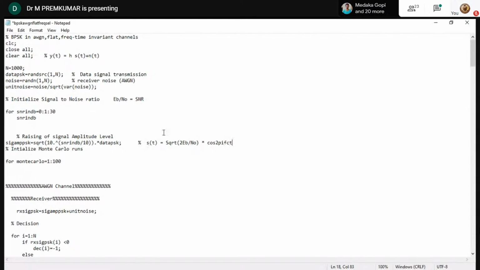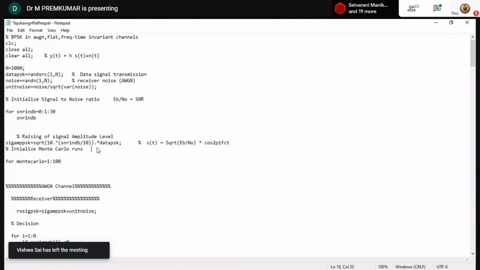This cos 2 pi FCT is the data signal transmission, and this is the energy. EB by N naught is this particular value. We are giving energy, so we are defining the signal model here.